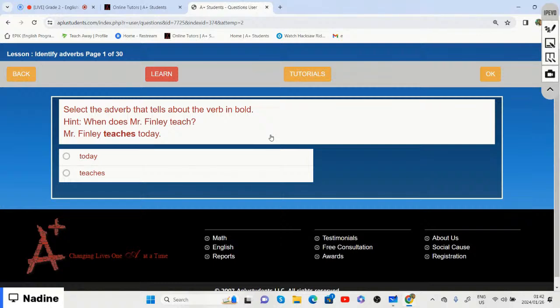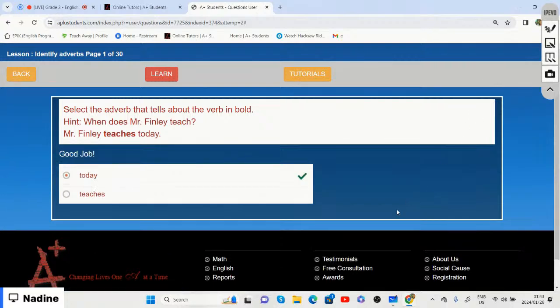He teaches today. What is our adverb? Is it today, which tells us when he is going to teach, or is it teaches? Our adverb is today, and today is correct.